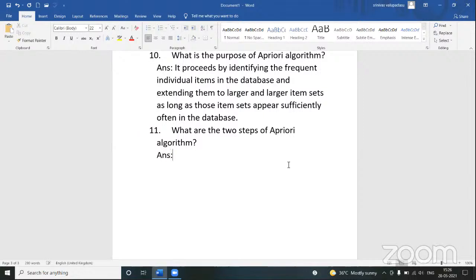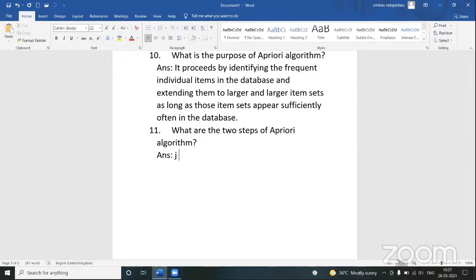Here two steps are involved: join step and prune step. In the join step, it generates k plus 1 item sets from k item sets by joining each item with itself. In the prune step, this step scans the count of each item in the database.